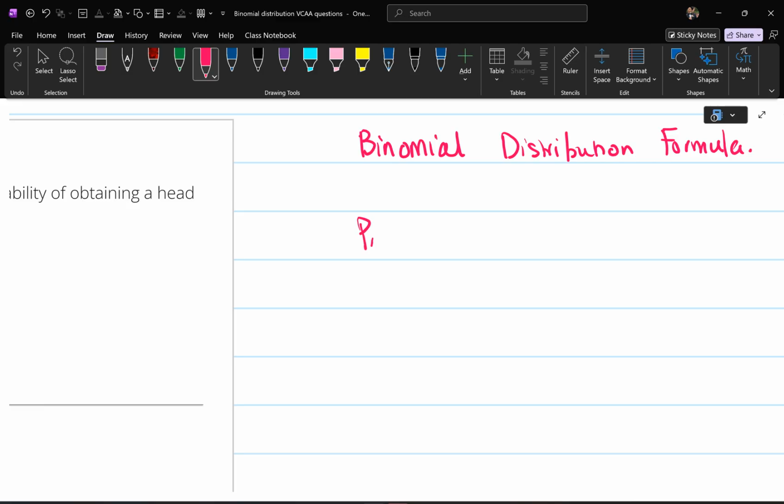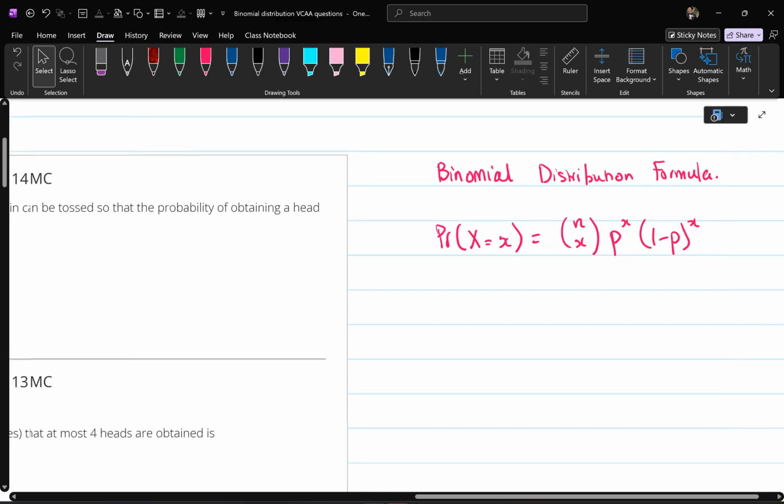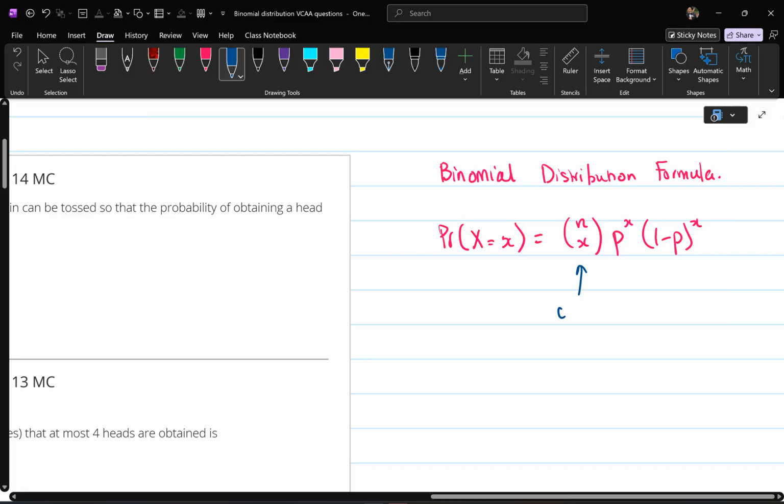For reference, if you want to find the probability of something by hand, it is combinations, n, x, probability of that thing occurring, 1 minus p to the power of x. So right here, this means combinations.